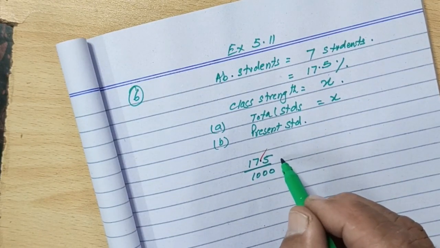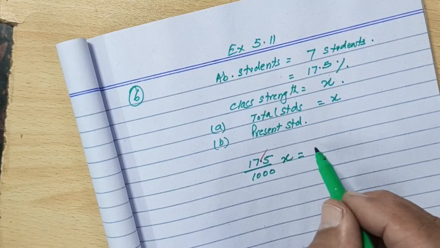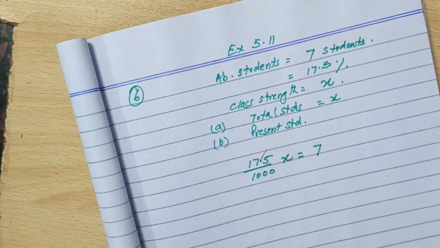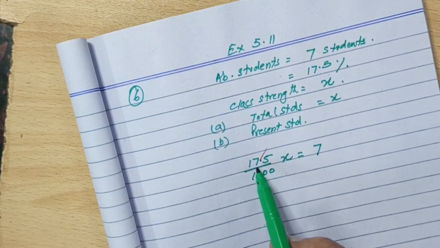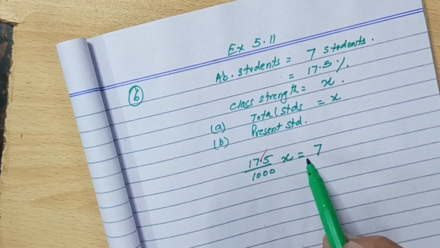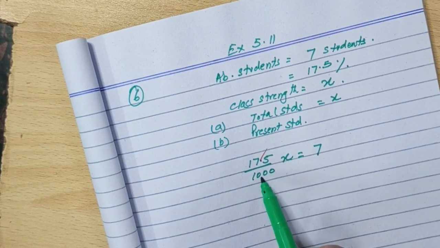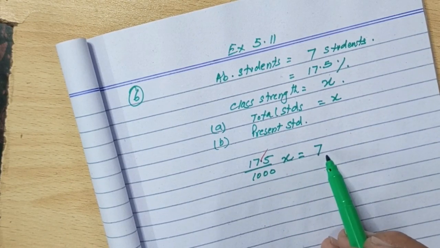Now it is for X, and these are equal to 7. So 17.5% of X is equal to 7. This is the class strength, and 17.5% of the class strength is equal to 7.